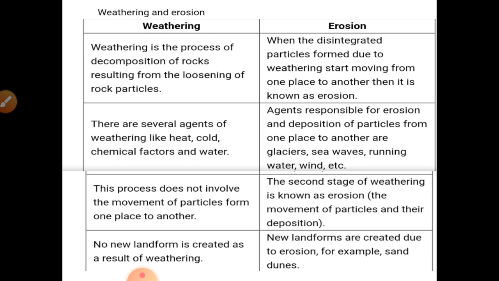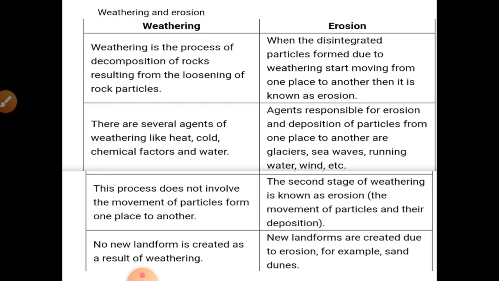The second stage of weathering is known as erosion, the movement of particles and their deposition. In weathering, no new landform is created, and in erosion, new landforms are created, for example sand dunes.